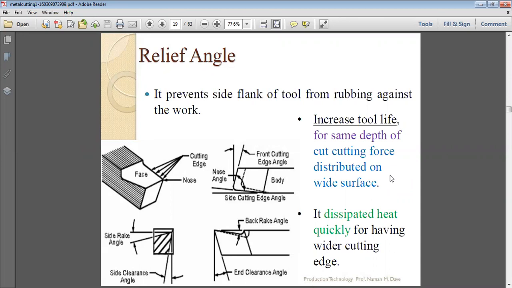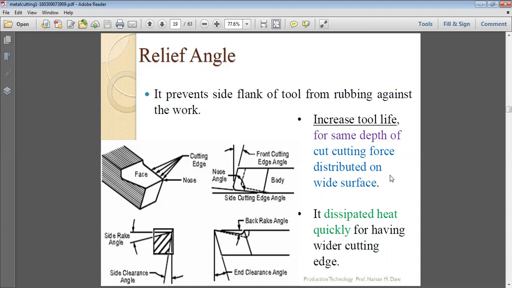So when there is lesser contact, the life of the tool increases, because at the same depth of cut the cutting force is distributed on a wider surface. By reducing the angles, we get this when we are putting the relief on the lower side in the front view and on the side in the side view.